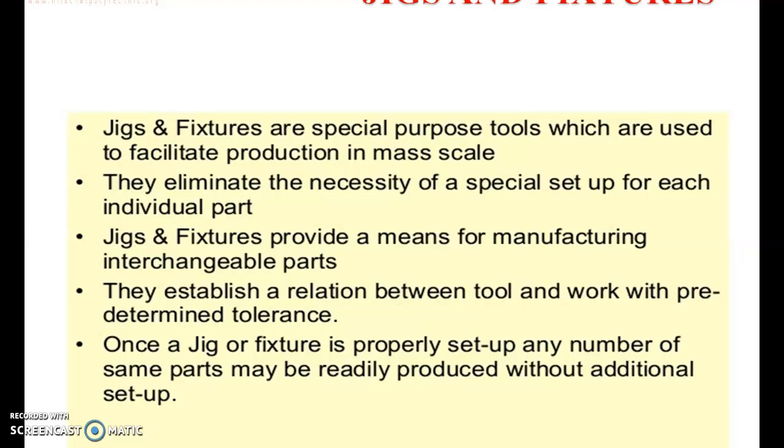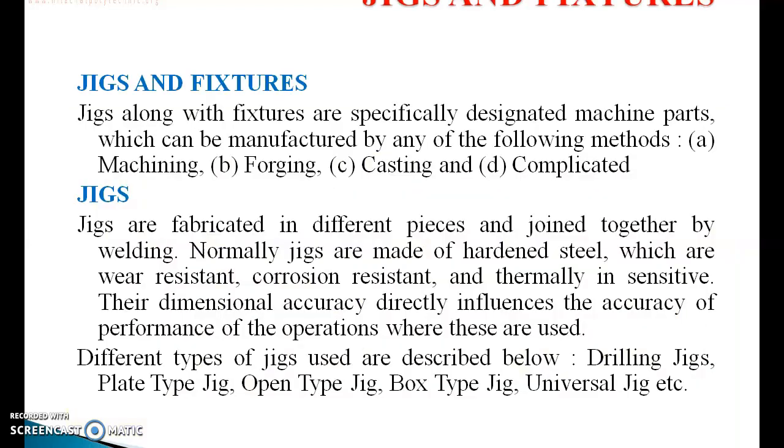They establish a relation between tool and work with predetermined tolerance. Once a jig or fixture is properly set up, any number of the same parts may be readily produced without additional setup. So jigs and fixtures both help for production purposes.